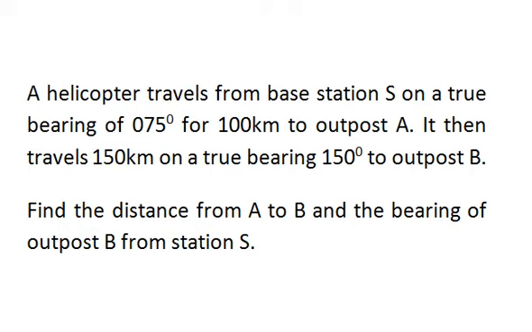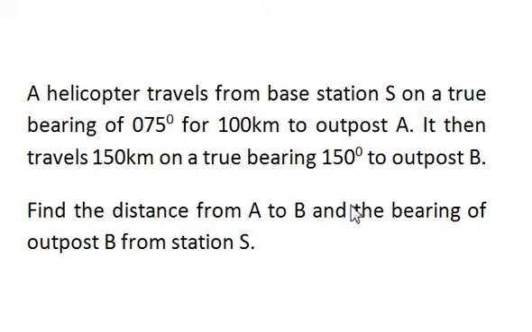So here let's do a problem using vectors and refreshing our memory on bearings. A helicopter travels from base station S on a true bearing of 75 degrees. True bearing means that the bearing is represented with 3 digits, and that's why here we have a 0.